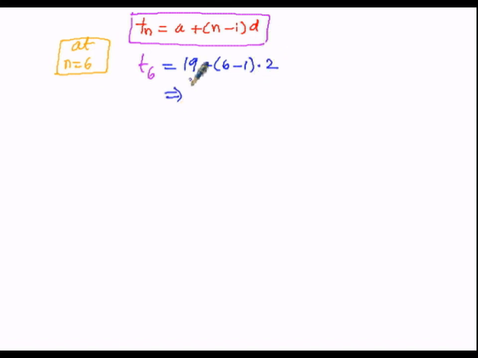So 19 plus 6 minus 1 is 5, into 2, because this dot indicates into. So 19 plus 5 twos is 10. So 19 plus 10 is 29. Therefore T6, the sixth term, is 29.